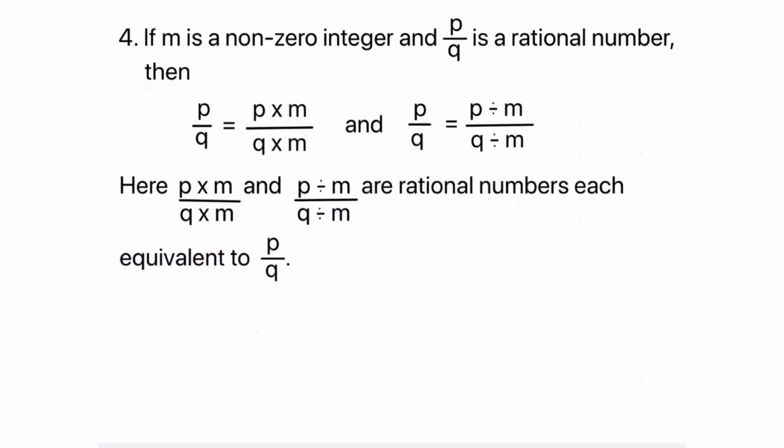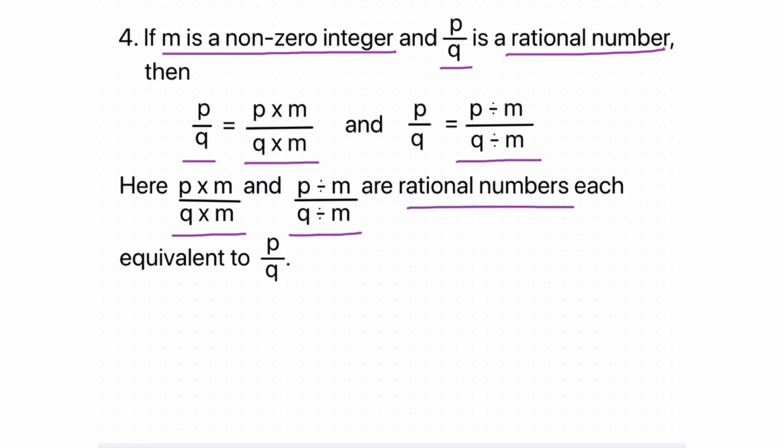Point 4. If m is a non-zero integer and p by q is a rational number, then p by q is equal to p times m by q times m, and p by q is equal to p divided by m by q divided by m. Here, p times m by q times m and p divided by m by q divided by m are rational numbers, each equivalent to p by q.